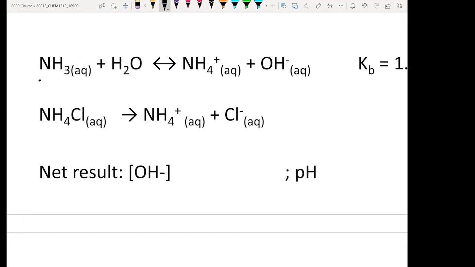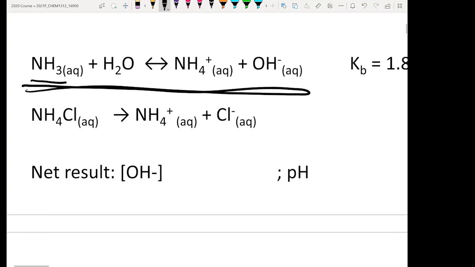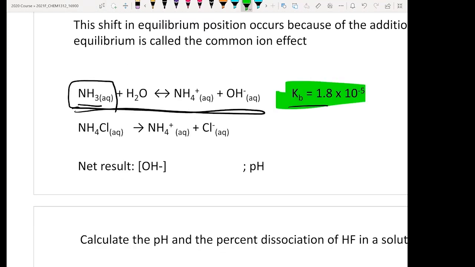So this is another example. Today, you have amine solution. You know the amine is going to interact with your water, produce your NH4 plus and OH minus, with a Kb of certain values. So yes, this is a weak base. Then I throw in a salt.